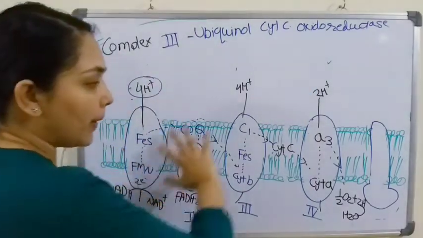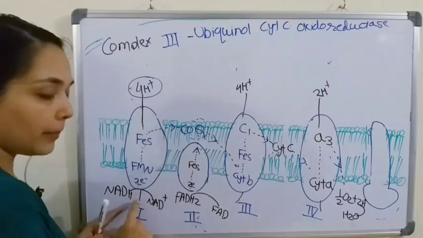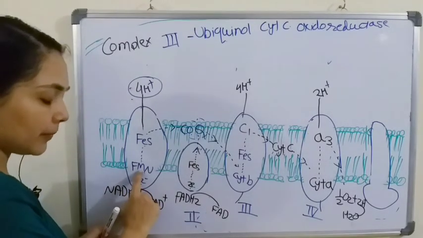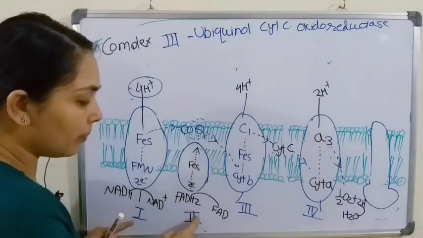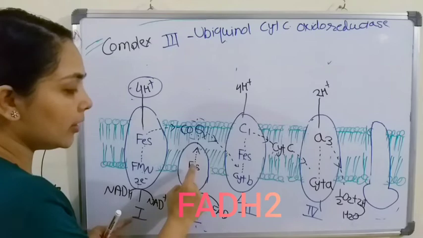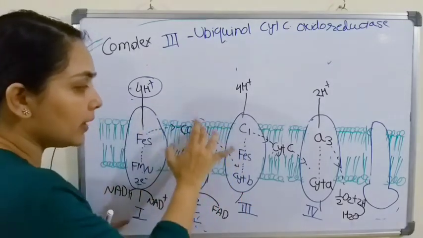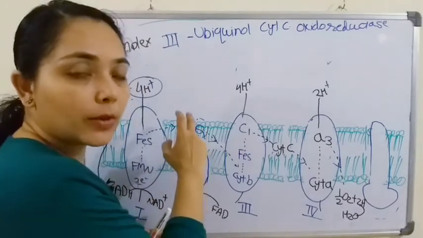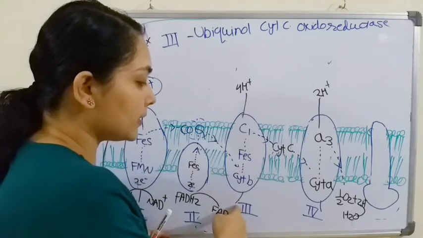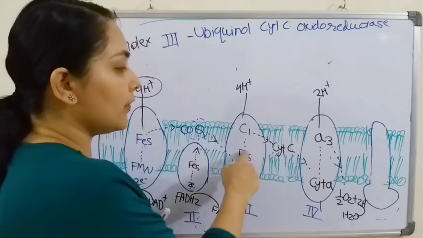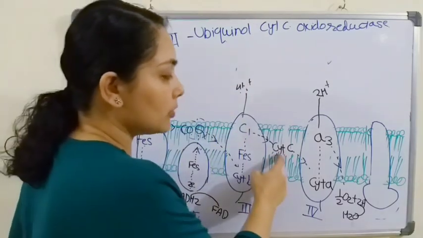So the path of the electrons is from NADH to FMN and FeS in complex 1, and in complex 2 from FAD to FeS, and from both complexes it finally comes to coenzyme Q. Coenzyme Q is reduced to ubiquinol, and from ubiquinol to complex 3 where the b, FeS, C1 are present and 4 protons are released, and it comes to the second shuttle system.